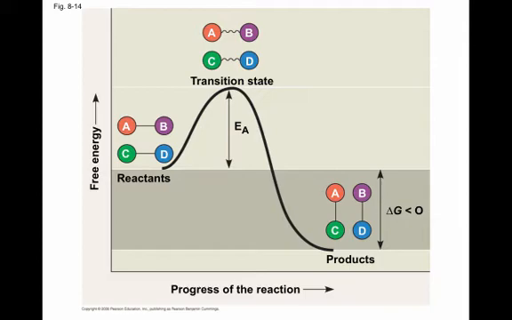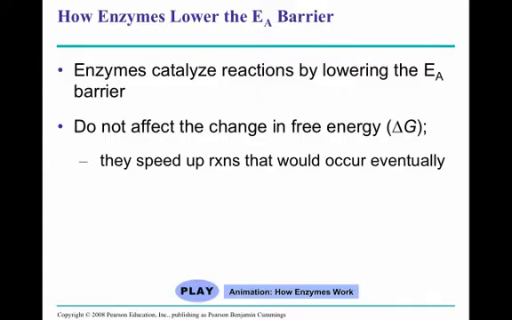So notice the amount of activation energy required in this non-enzymatically controlled reaction. If an enzyme is present, that hump that is our activation energy would be lessened, to get our reactants to their transition state. So enzymes catalyze these reactions by lowering that amount of energy.